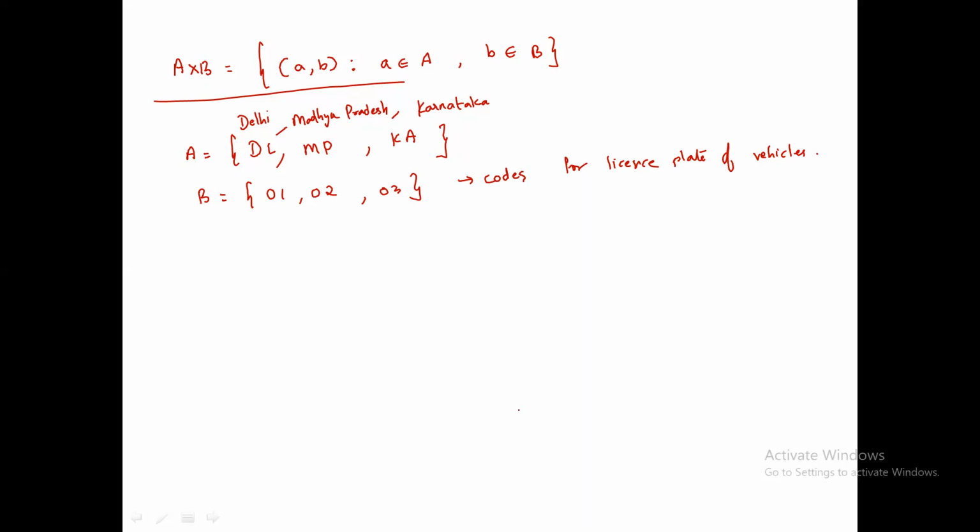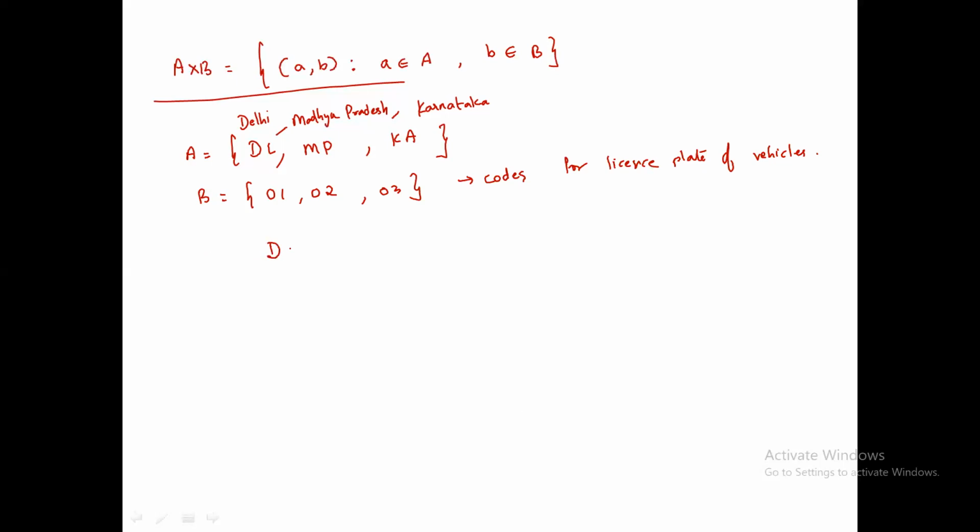Then, if the three states, Delhi, Madhya Pradesh, and Karnataka, were making codes for license plates of vehicles, with the restriction that the code should first begin with set A and then end with set B, how will you write the code?